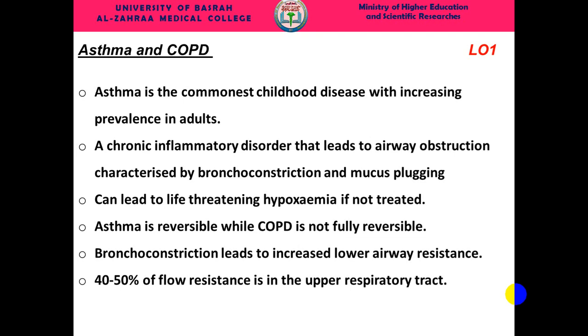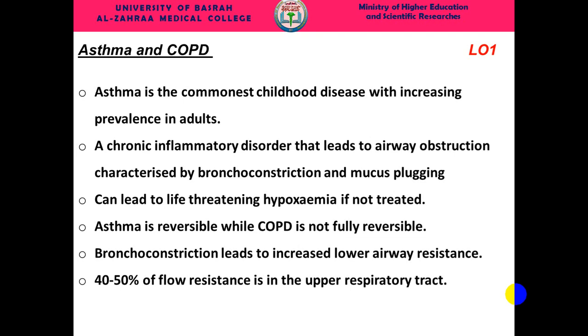So, asthma, as you know, is the commonest childhood disease with increasing prevalence in adults. There are millions of people worldwide affected by asthma, and it is defined as a chronic inflammatory disorder that leads to airway obstruction, which is characterized by bronchoconstriction and mucus plugging.